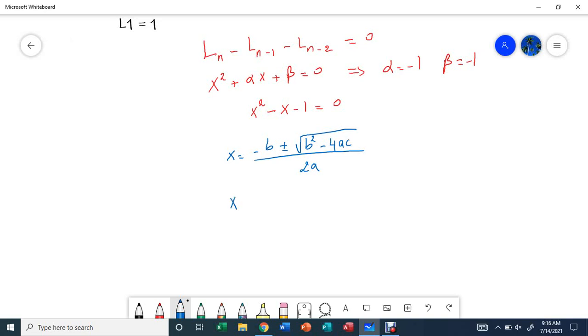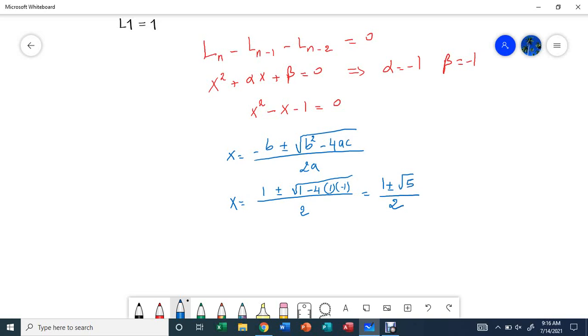So x equals 1 plus or minus the square root of negative 1 squared, which is 1, minus 4 times 1 times negative 1, all divided by 2 times 1, which is 2. So I end up with 1 plus or minus square root of 5, divided by 2. So those are the roots of the characteristic equation.